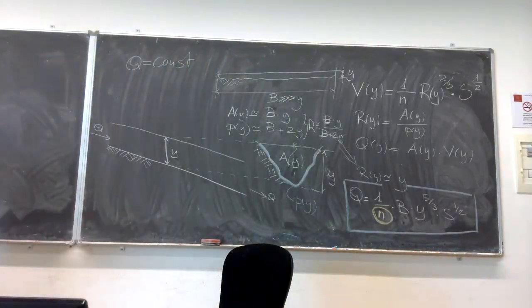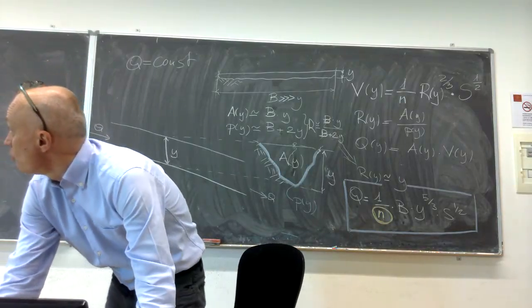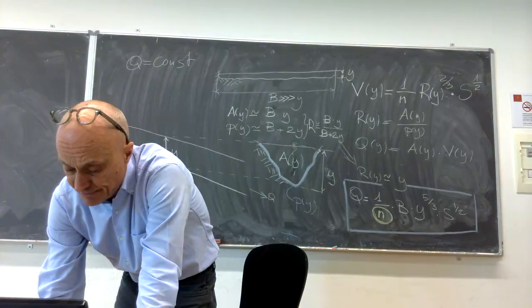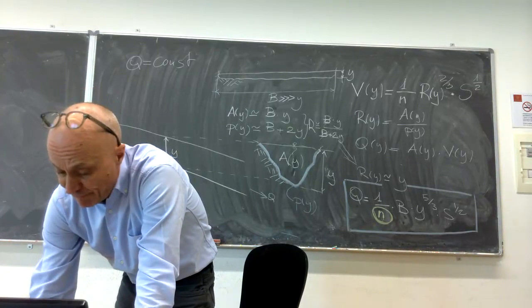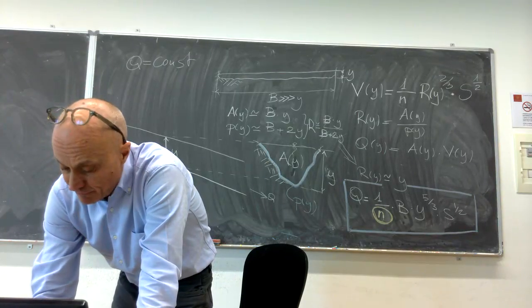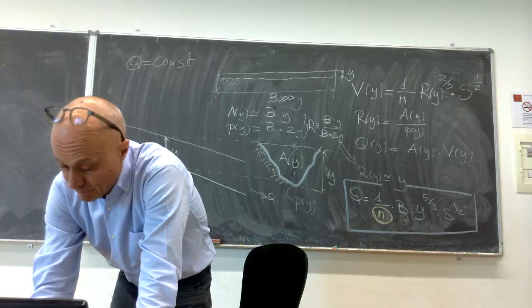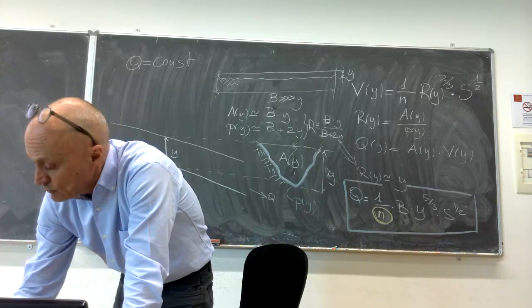So if we build a levee that is another meter high, and this goes to 3 instead of 2, the discharge that can flow without causing any flooding doubles, okay, by simply raising the water depth by 1 meter.